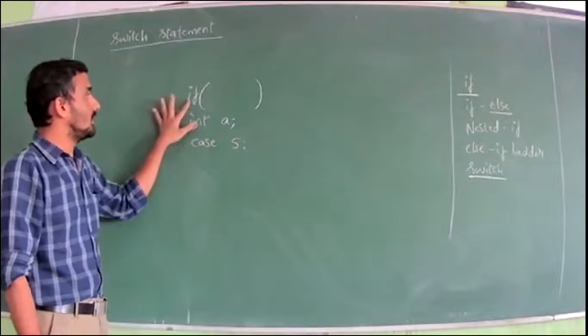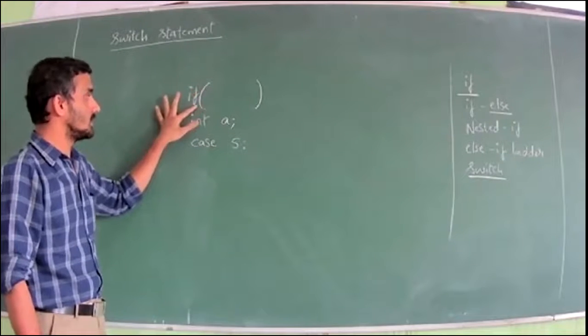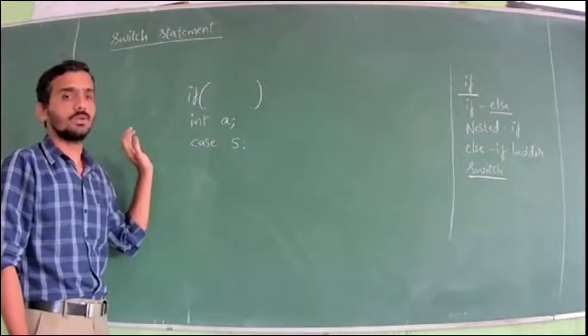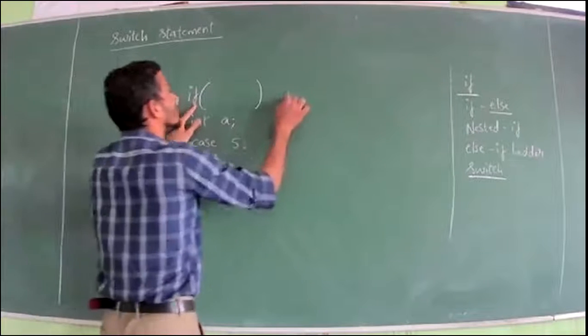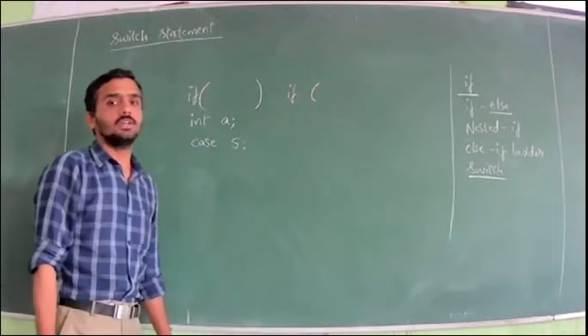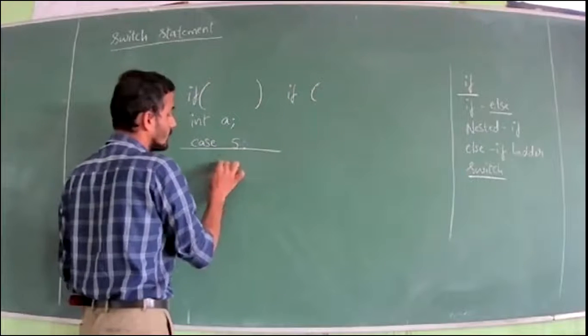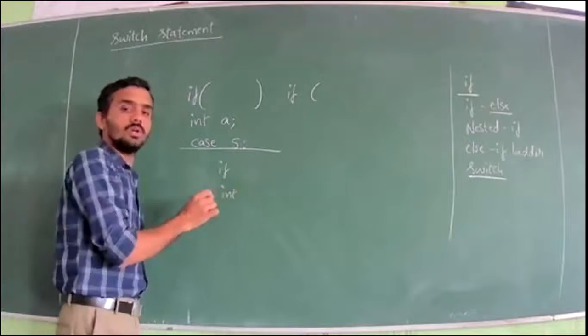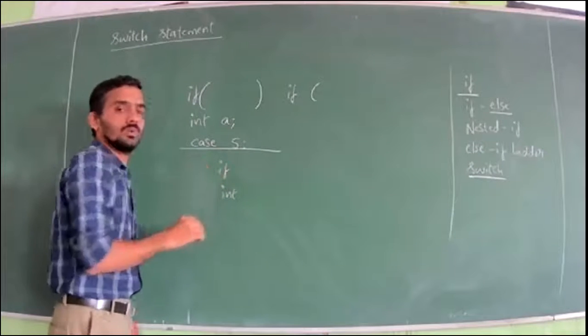That means immediately after the keyword, there will be at least one symbol or one blank space. If you write this if condition leaving one blank space, that is also correct. The thing is, immediately after a keyword like if or int, you don't write any capital letter or small letter.